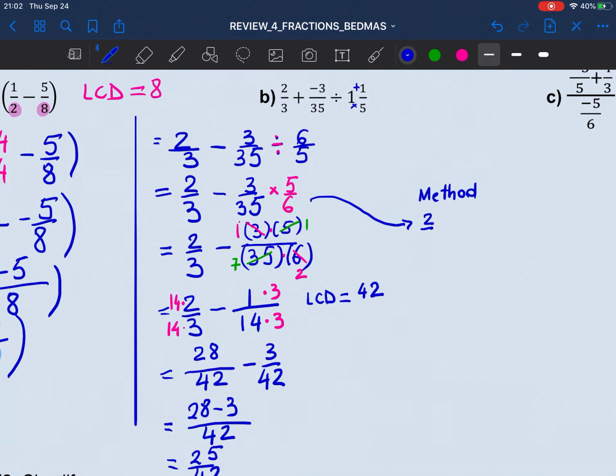So remember, here we have 2 over 3 minus 3 times 5 over 35 times 6. So that's 2 over 3 minus, I'm going to go straight ahead and multiply in here.